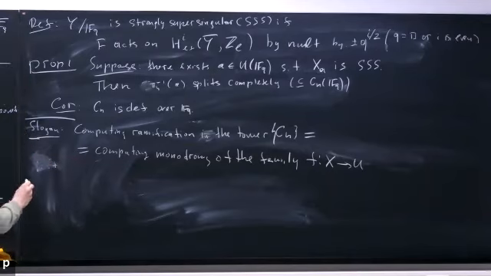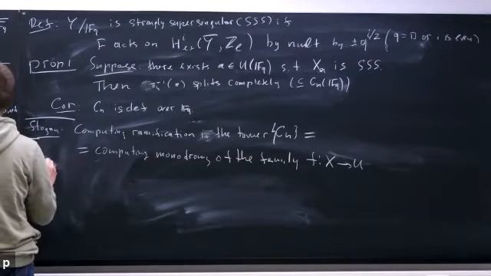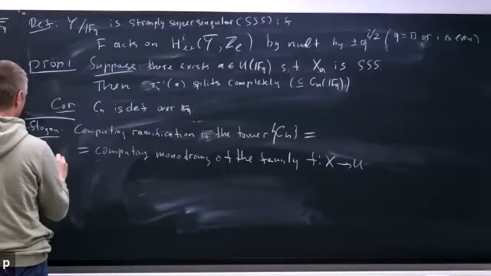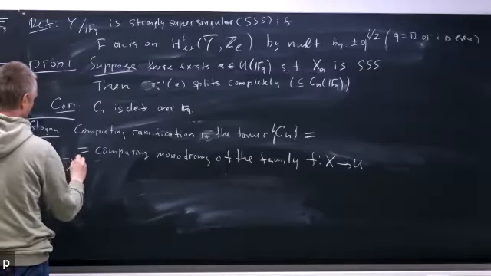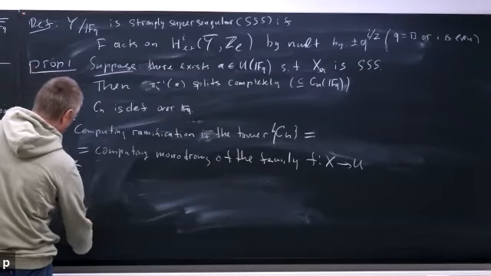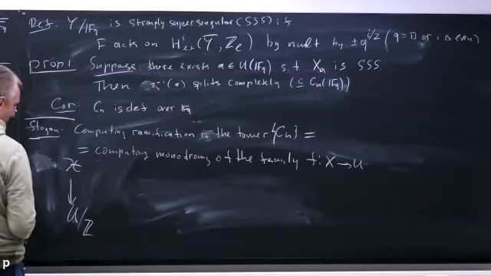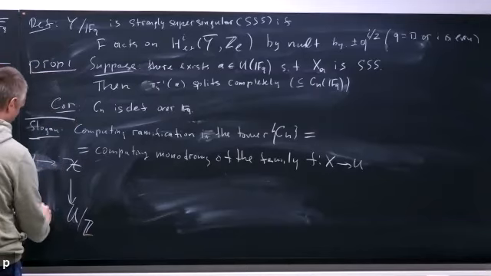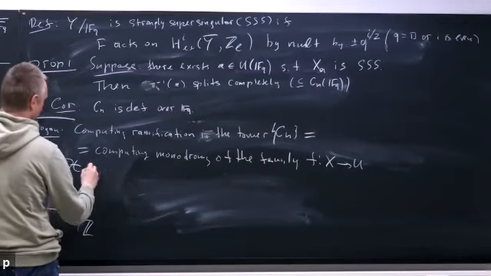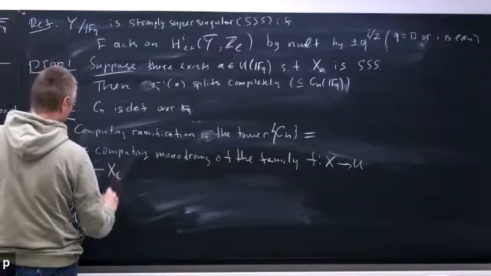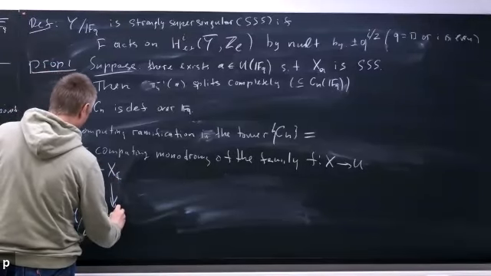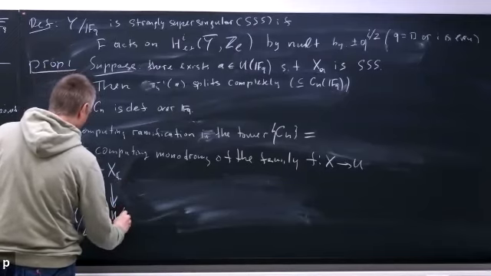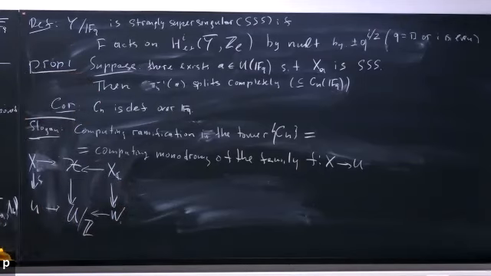I will draw it. So suppose we have a lifting. So this is some U over Z. And here's X. And also we have a fiber over C, some W. Let me call it F_C.